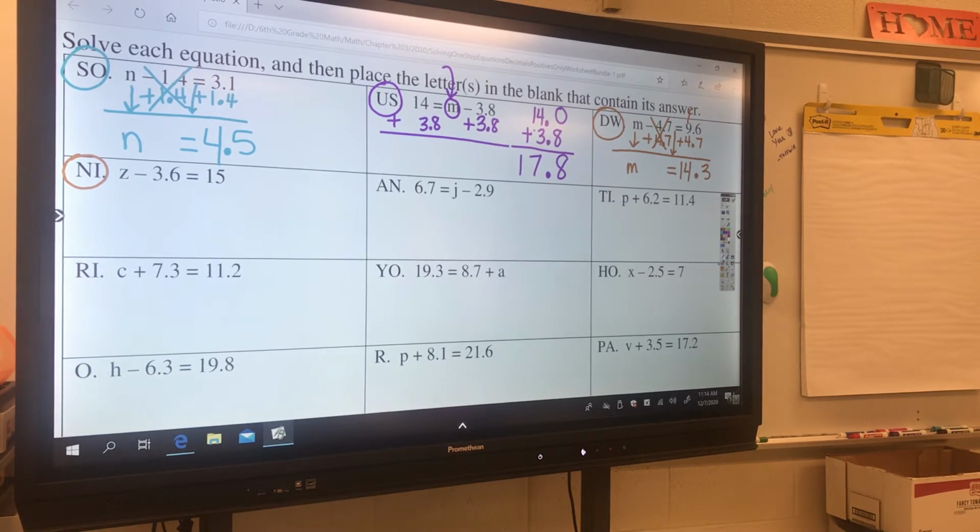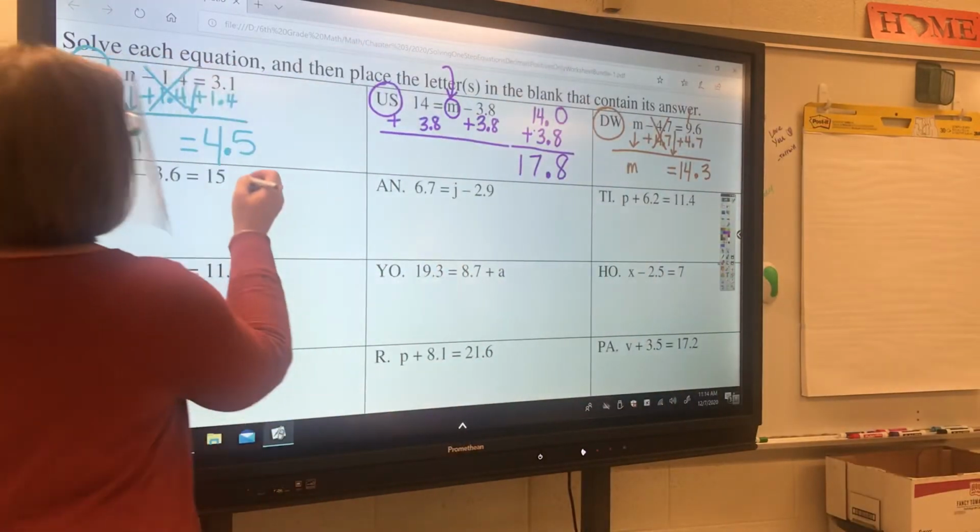Wait, so how are you going to get rid of this? Oh, wait a minute. Where's your decimal for 15? Your decimal's at the back. Remember that your decimal for 15 is at the back.